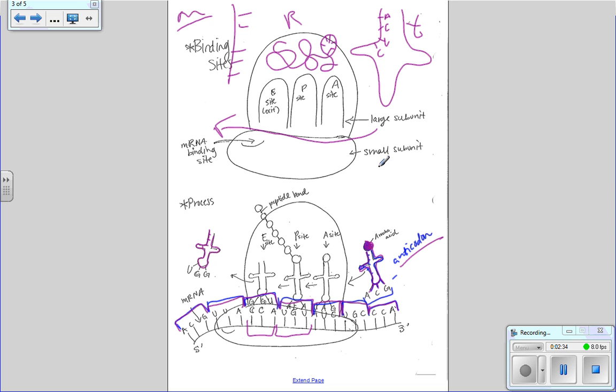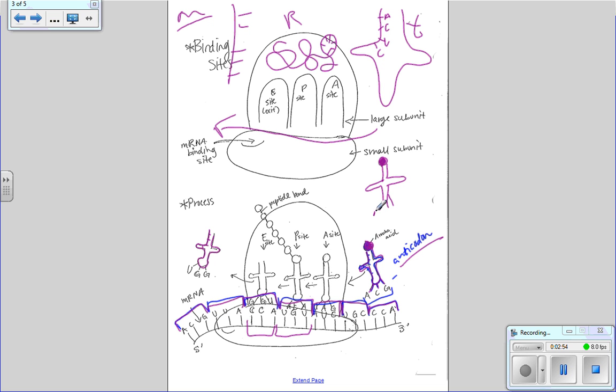Let's do a little example. You remember how there are 20 main amino acids? Each of those 20 main amino acids has a particular anticodon that's always at the other end of that particular tRNA.